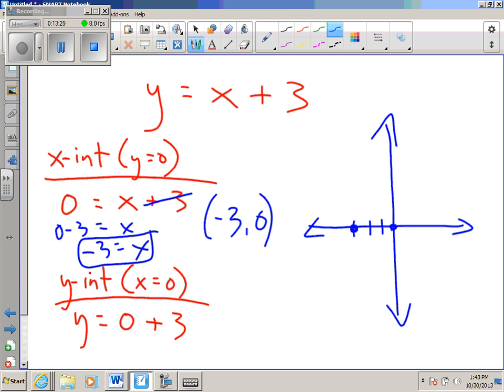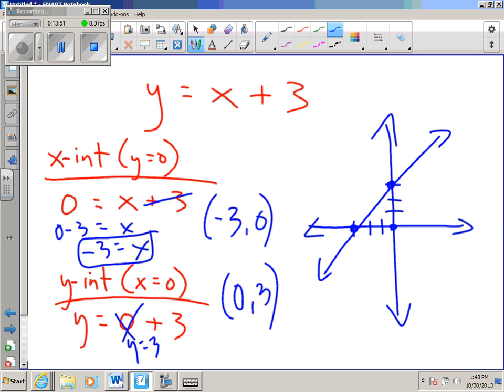And then here, 0 plus 3 equals y. Same as just saying y is equal to 3, because that's really nothing, right? Y equals plus 3, positive 3. So there, 0, 3. There are my 2 points. Something along those lines, right? Okay.